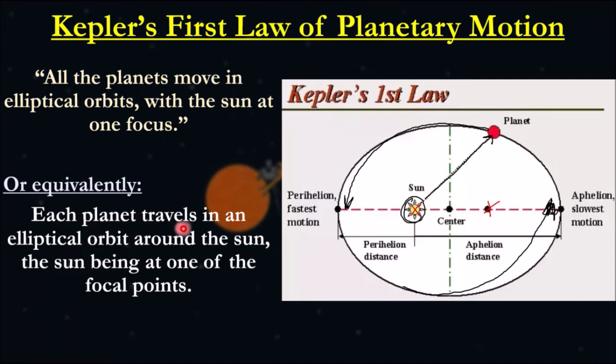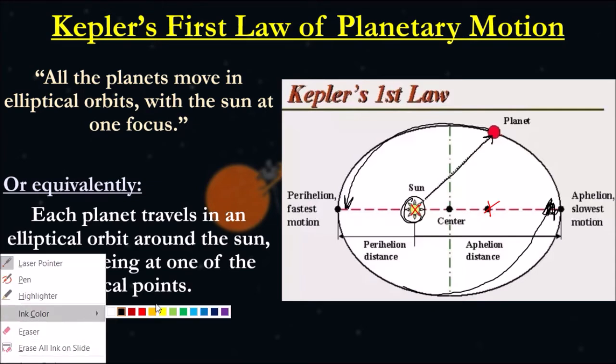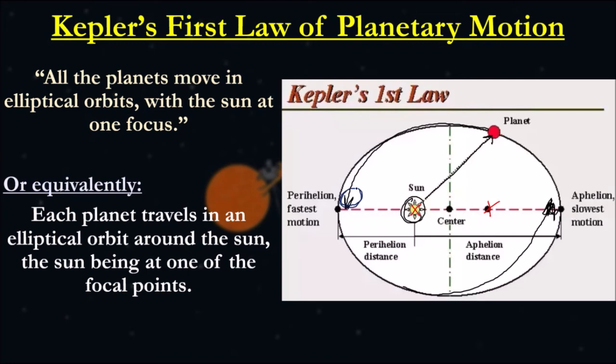Equivalently, we could just say each planet travels in an elliptical orbit around the sun, and that's our focal point there. There are 2 focal points that can be used to help determine the shape of the ellipse, but we won't get into big detail on that. But what you can probably understand is when the planet is in this particular direction, it's moving very fast. The reason why goes back to our equation for gravitational acceleration.